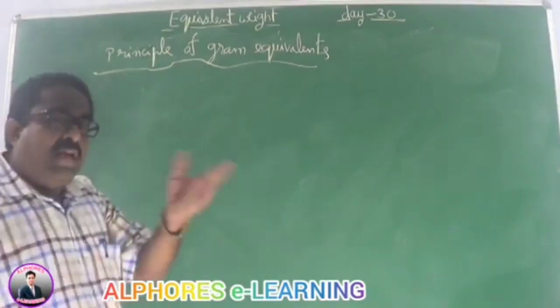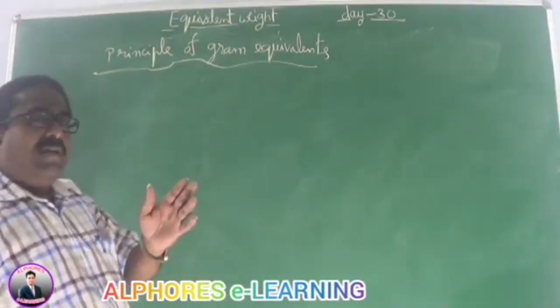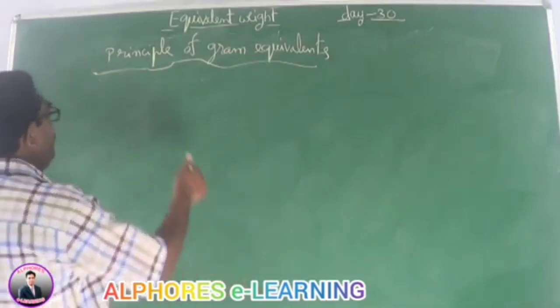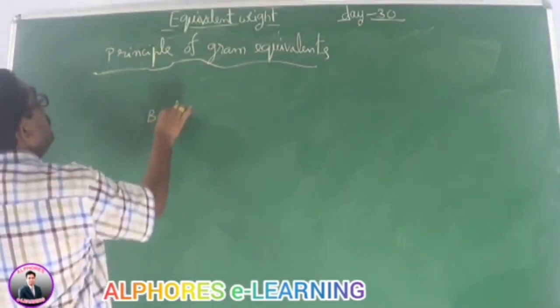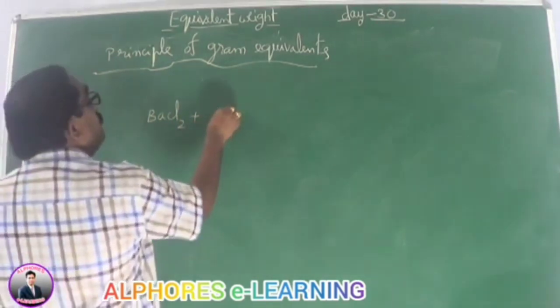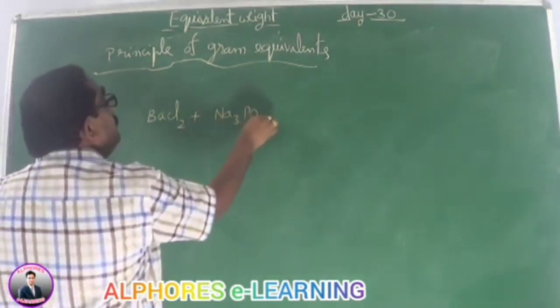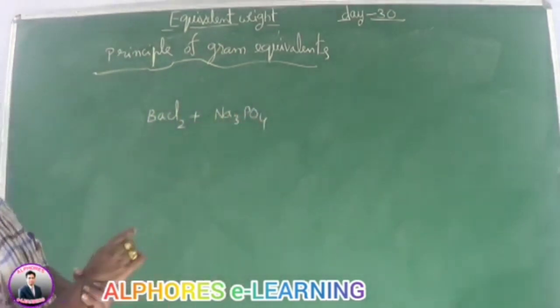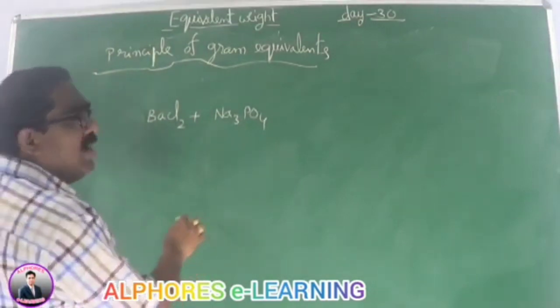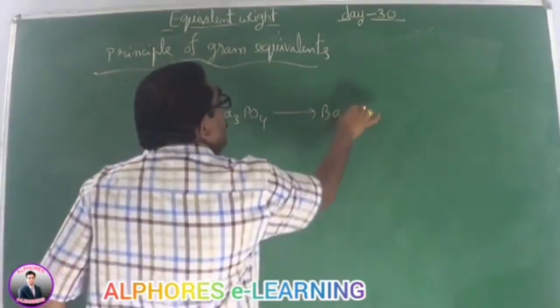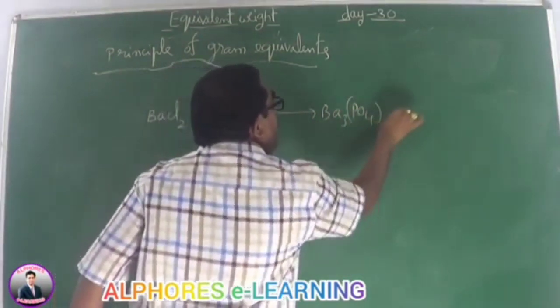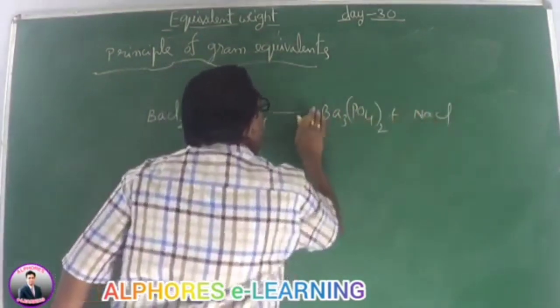Let me explain with an example. Then I will dictate the statement. I have taken 2 reactants, barium chloride and sodium phosphate, and they give barium phosphate and sodium chloride.